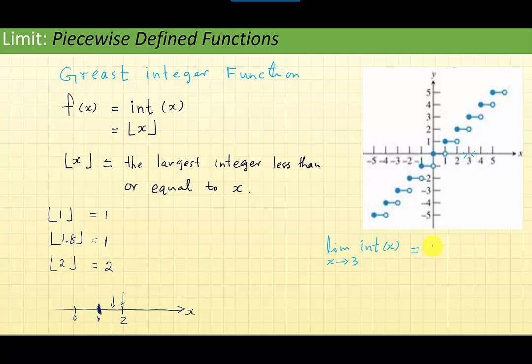Therefore, the limit does not exist, because the left limit as x approaches 3 from the left is equal to 2, and as x approaches 3 from the right, integer x is equal to 3. So the left limit is not equal to the right limit.